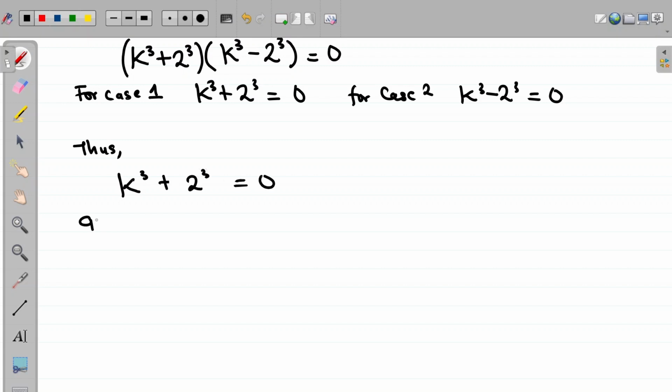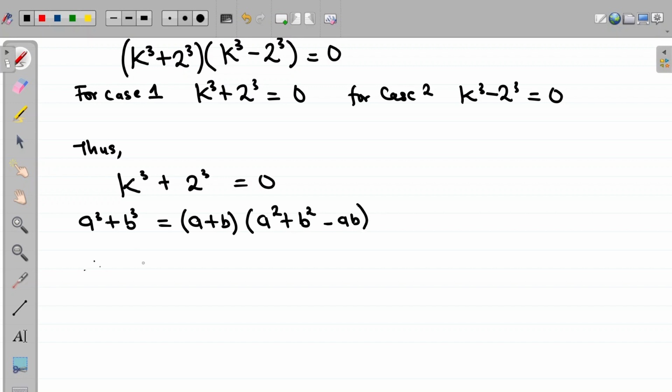But a raised to the power of 3 plus b raised to the power of 3 is equal to a plus b, multiplied by a squared plus b squared minus ab.